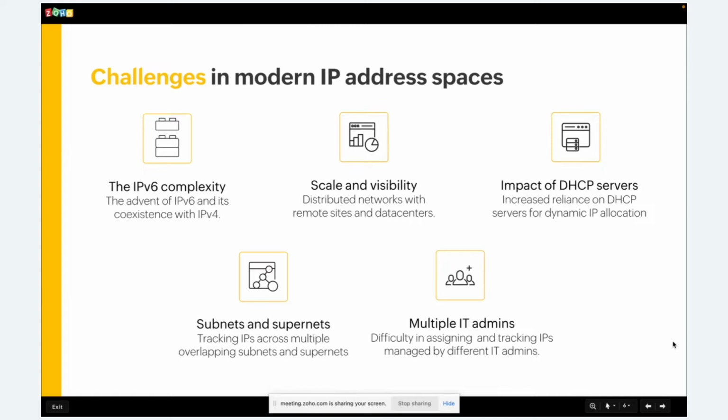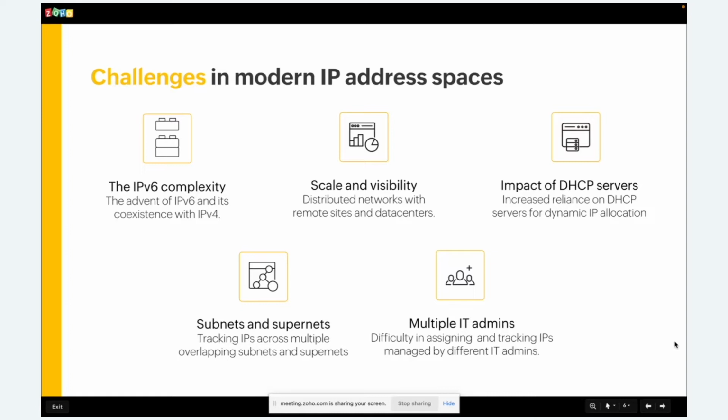The next challenge is the impact of DHCP servers. It is no news that our networks are becoming increasingly reliant on DHCP servers. Most networks cannot do without them, because they help you with dynamic IP allocation, and dynamic IP allocation makes life easier for all of us who work with networks, right?